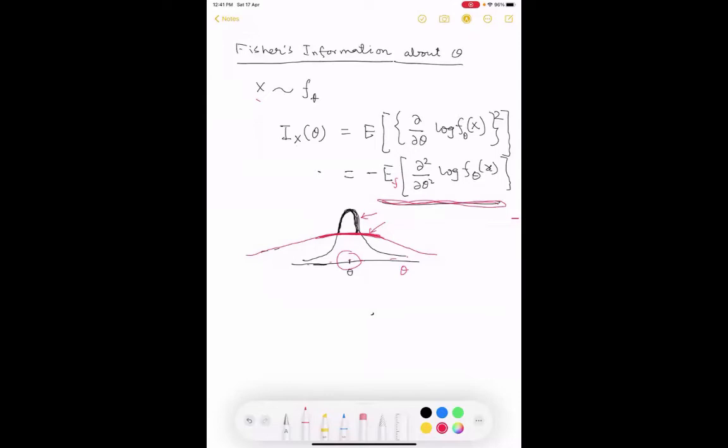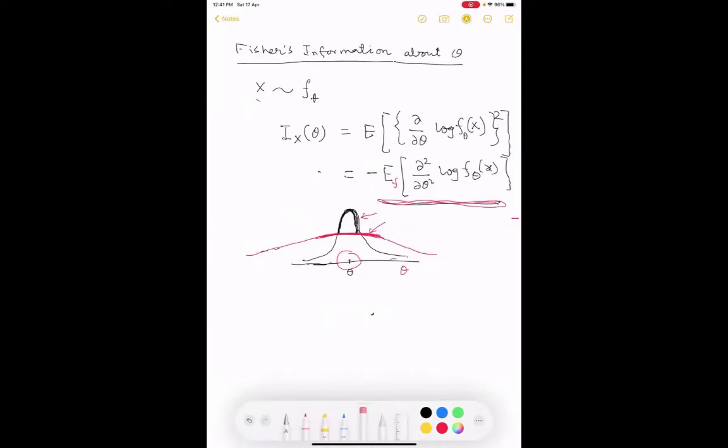When I'm saying expectation, it means on an average, if my x keeps changing. Fisher comes from a very classical physics point of view.